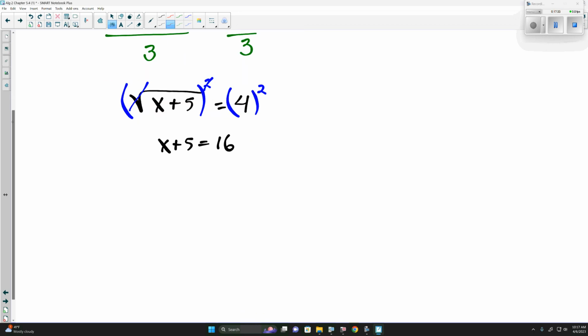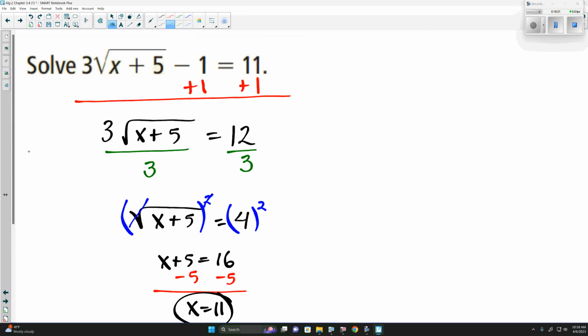And last but not least, we would subtract 5 from both sides, telling us x is 11. And with all the problems that we've had so far, this is our only solution. This one works. Having x as 11 will not give us a negative inside this even root, and it does come out to be a true statement.